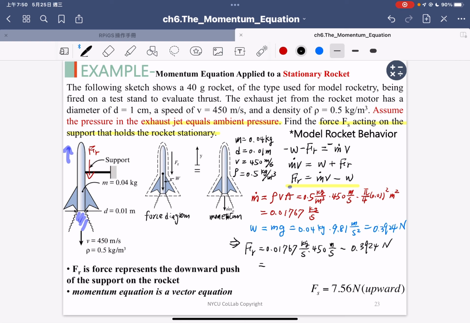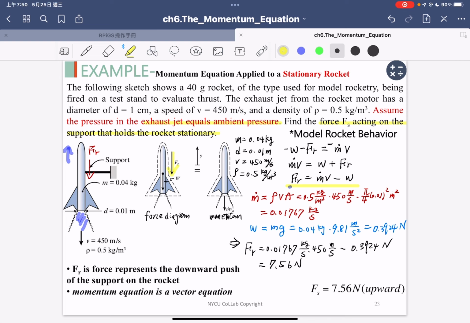The answer is equal to 7.56 Newton. So we know that initially we consider the Fr to be downward, so Fr is minus 7.56 Newton.